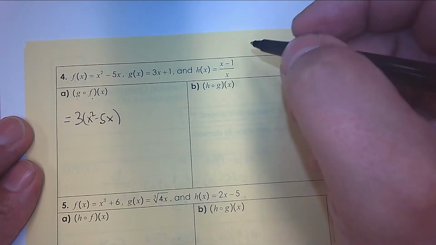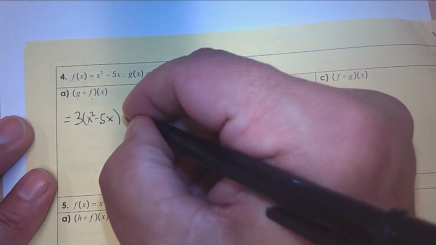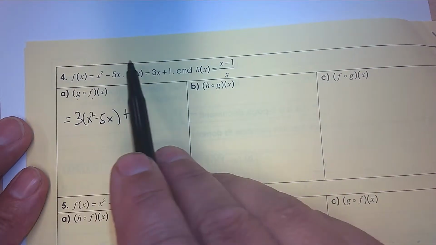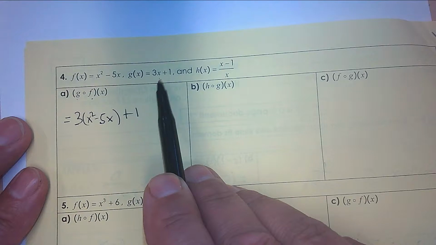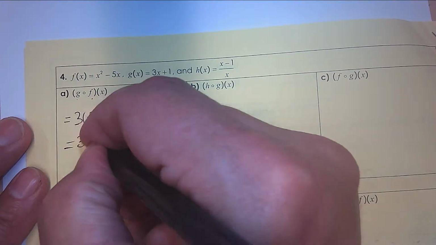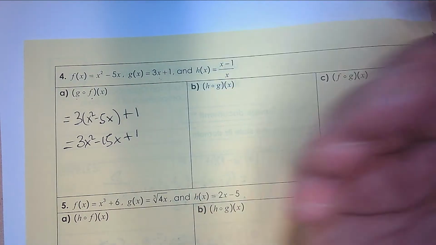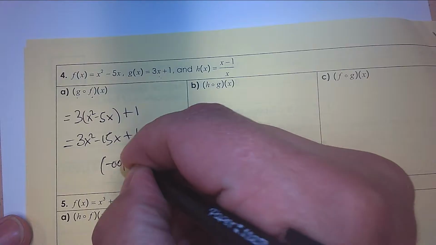So do a substitution and then still have the plus 1. So I took F and I plugged it inside of G. You could also write this as 3x squared minus 15x plus 1. The domain of this, it's a polynomial, so it's all real numbers.